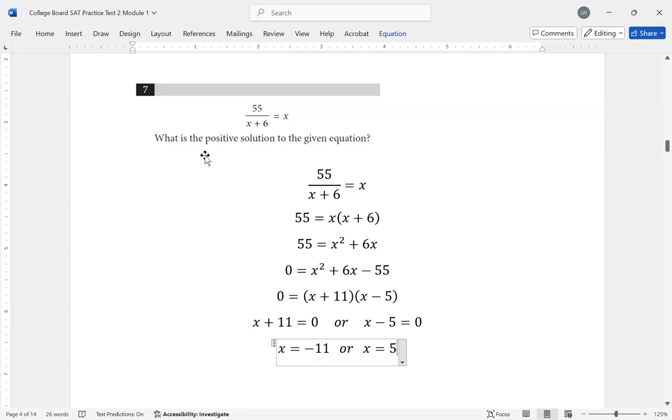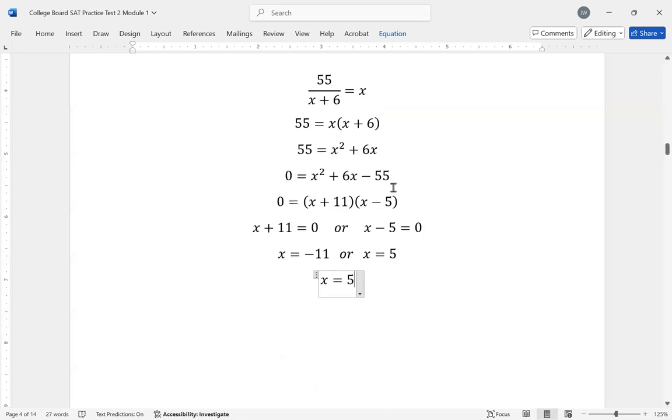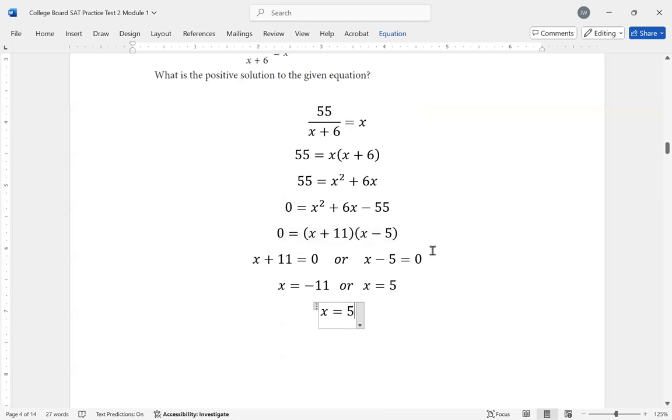Now, what is the question asking for? Question 7 asks for the positive solution to the given equation. So the positive solution is the 5, and x equals 5 would be your final answer. Again, because we're only looking for the positive solution here.